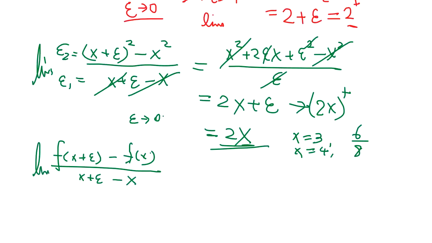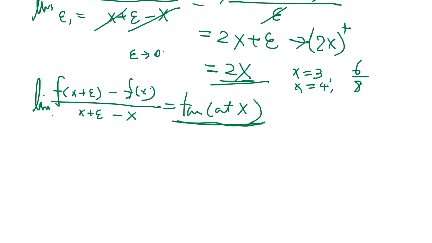And the limit gives you the tangent at x. That's useful because it was hard to calculate the tangent of any curve. Now we have a way to calculate the tangent.